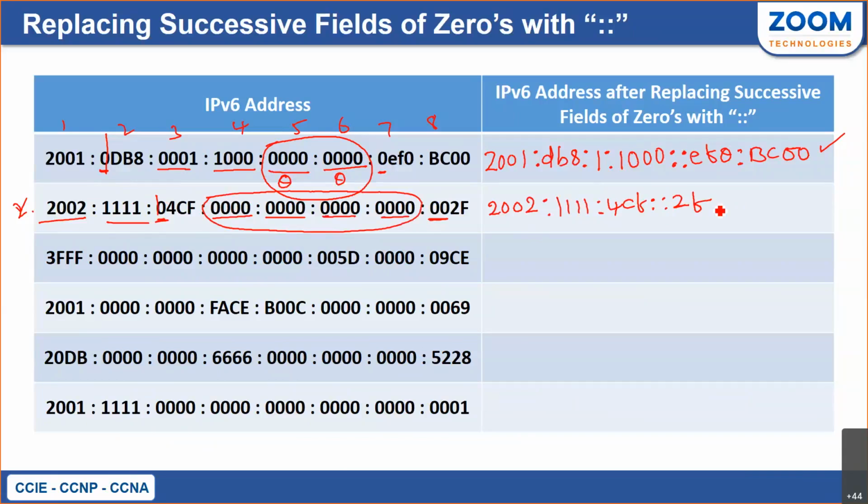So this address is assigned to the computer. Now the device can understand that 1, 2, 3, 4 fields are there. So where are the remaining 4 fields? Then your PC automatically understands from the double colon that we have 4 fields of zeros. Clear?